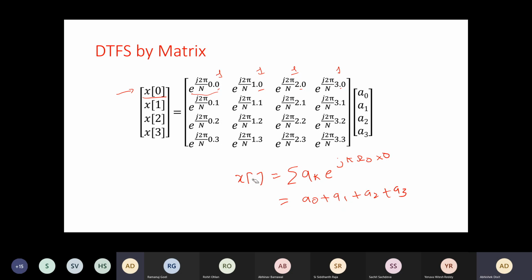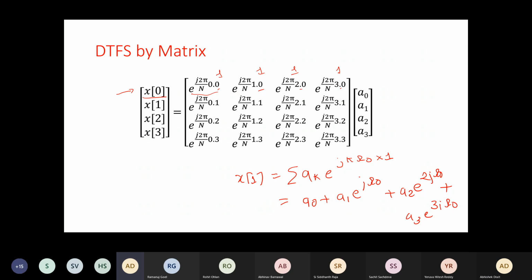Suppose we have to find x[1]. Then this has to be 1, and this is A0 plus A1 e to the power j omega naught plus A2 e to the power 2j omega naught plus A3 e to the power 3j omega naught.